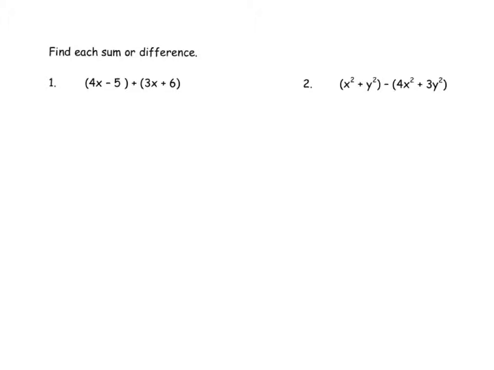Today we will add or subtract polynomials. So the first problem we have is this one here, and you could see that we have parentheses around the first binomial adding to the second binomial. When it's addition, all you're going to do is get rid of the parentheses here, just drop the parentheses, and then combine like terms.